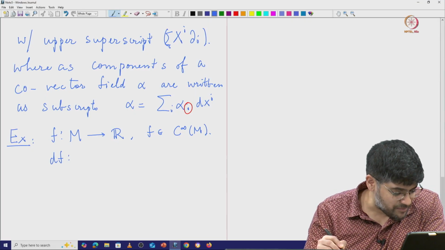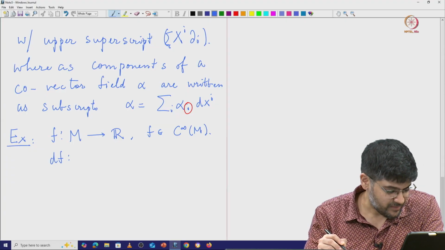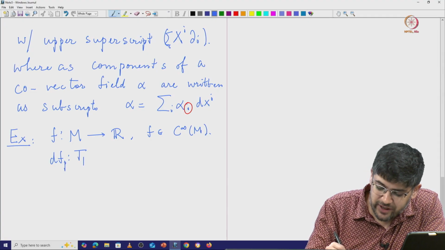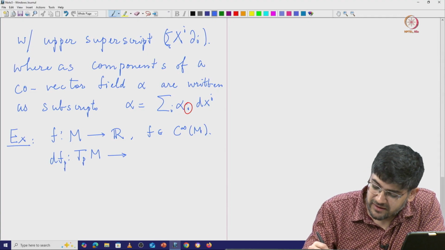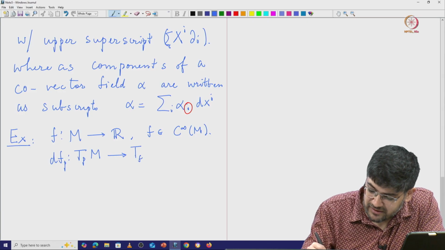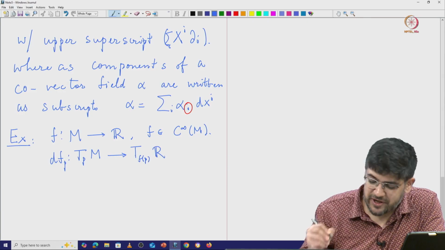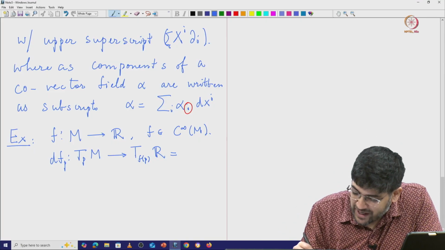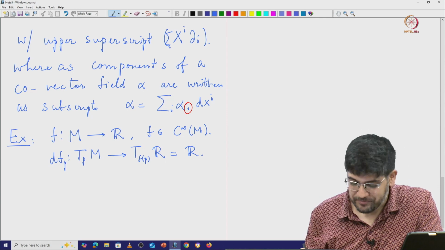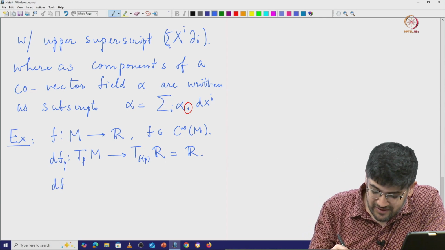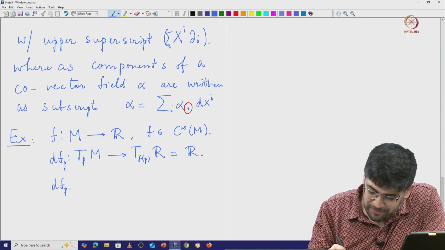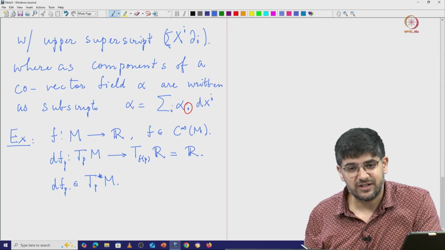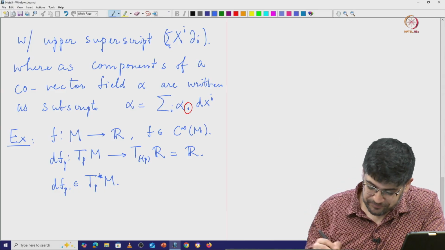The derivative at any point is basically a map between the tangent spaces, but the tangent space to R at any point can be identified with R. So that means, and the derivative is a linear map, so DFP actually gives you an element of the cotangent space at P.